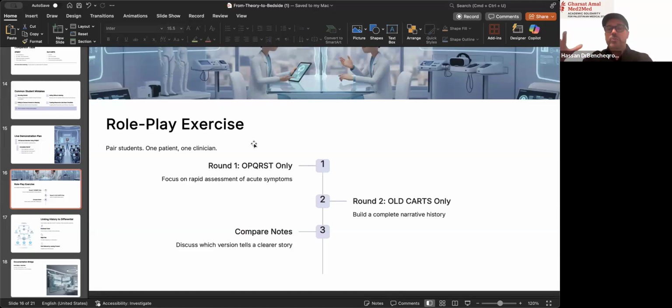You get rid of the stress and practice it so it becomes easier on your mouth. So when you are in front of the patient, you don't have the anxiety of coming up with the words, as well as the anxiety of thought and the anxiety of reassurance of the patient.